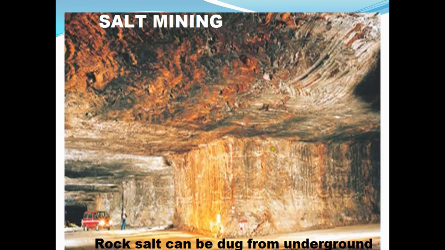Rock salt is sold to councils around the country, and it is used to grit roads in winter. So this is another use of this kind of rock salt. So this is the first thing, that we can get salt from salt mining.